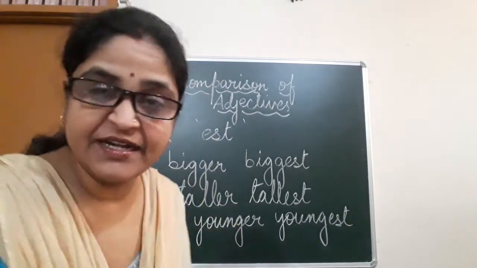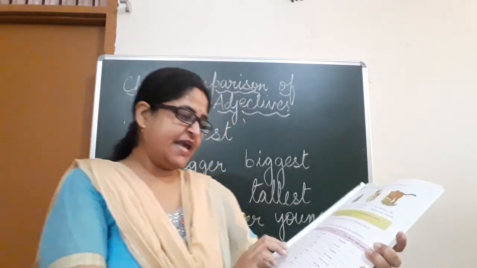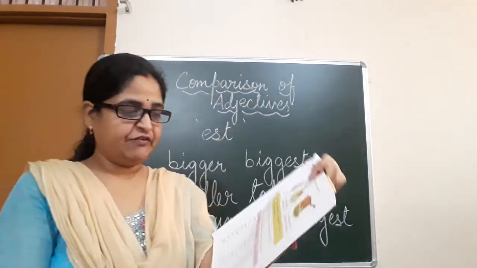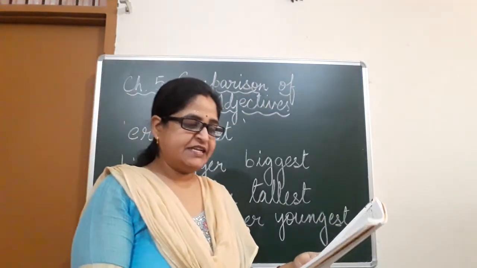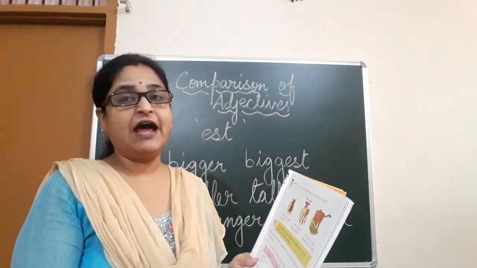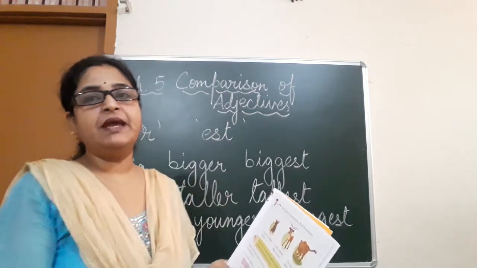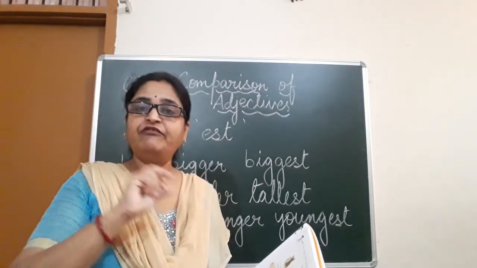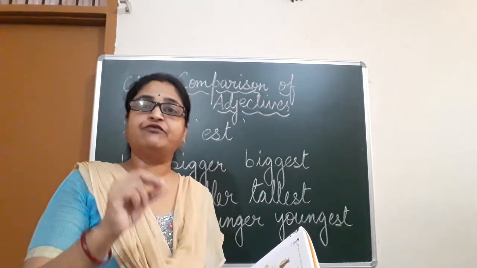I hope you have understood. A table is given for the comparison of adjectives, and you will have to learn this table. Then only you will be able to understand what comparison those adjectives form.